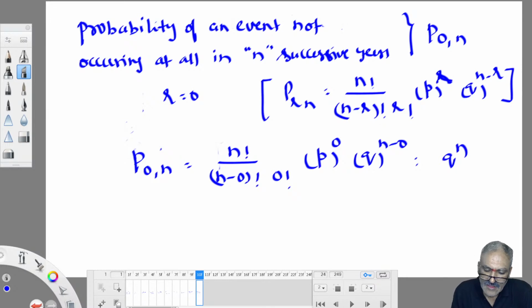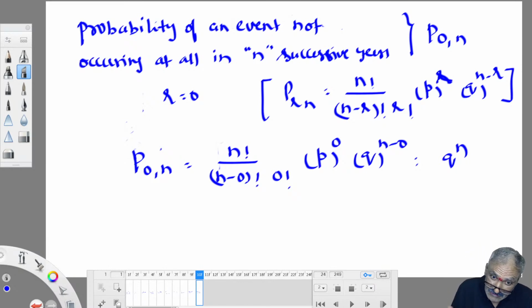Okay? Now be careful, the actual concept is coming now. The probability of occurring an event at least once in n successive years. At least once means what? Occurring one or more number of times in n successive years. That is nothing but a risk.